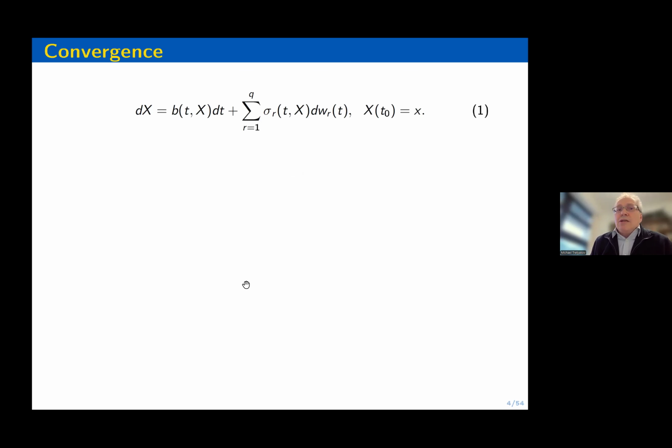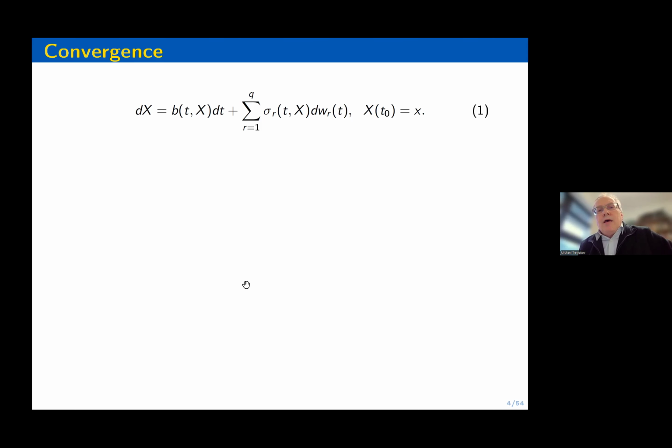So now this kind of reminder or link to stochastic numerics, and I put here a generic stochastic differential equation, d-dimensional, where coefficients are sufficiently good. And we can ask a question how to simulate the stochastic differential equation on a computer, say on a fixed interval from t0 to capital T. For that purpose, we can discretize the interval in fixed time steps h.